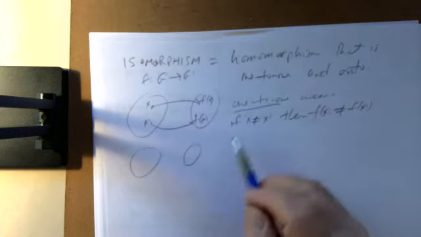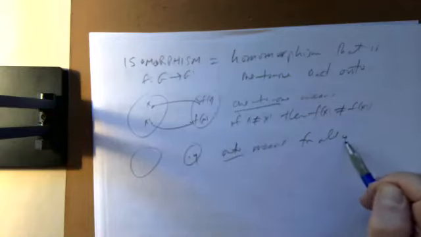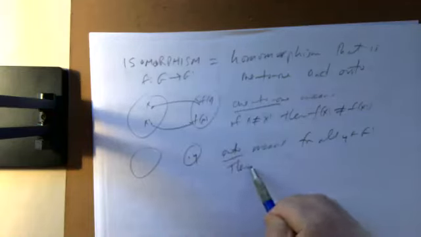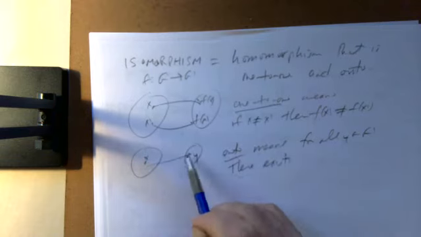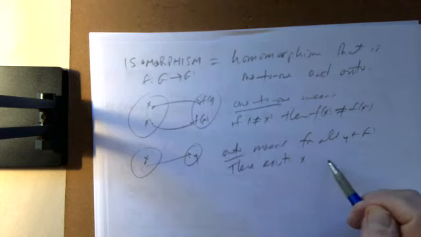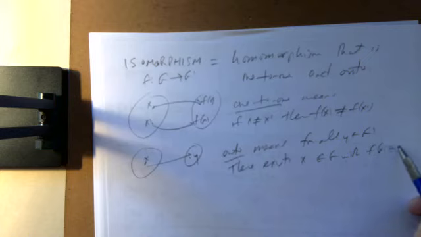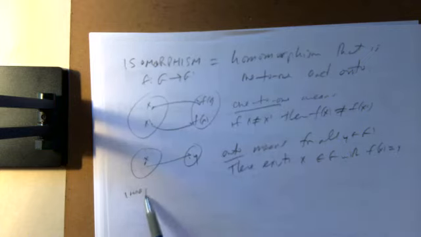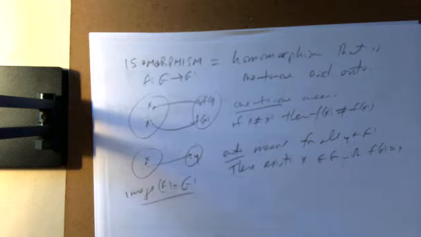And onto means that for any y in G prime, there exists an x in G with f of x equal to y. So in other words, the image of f is all of G prime.